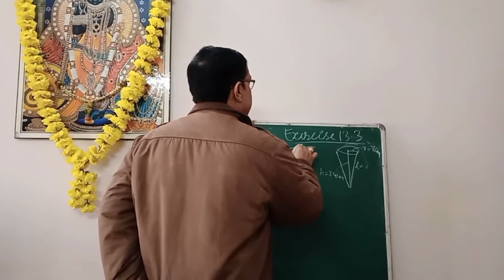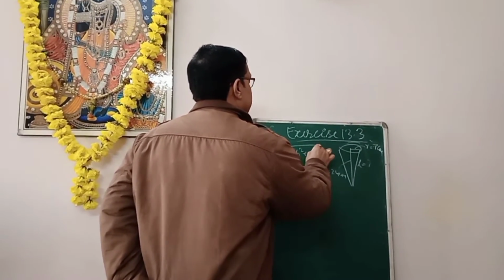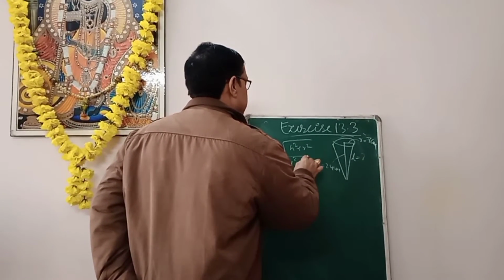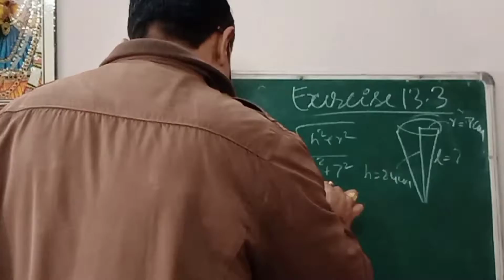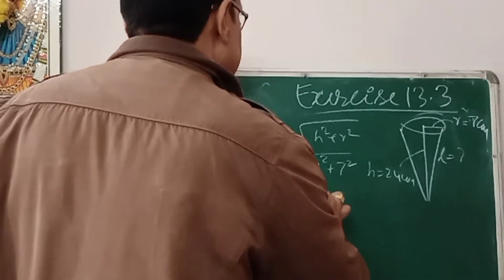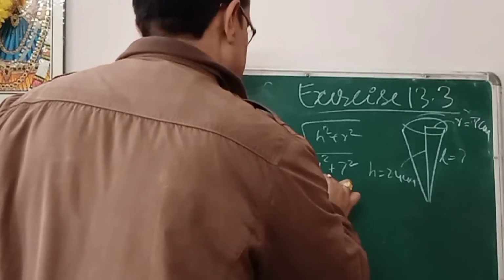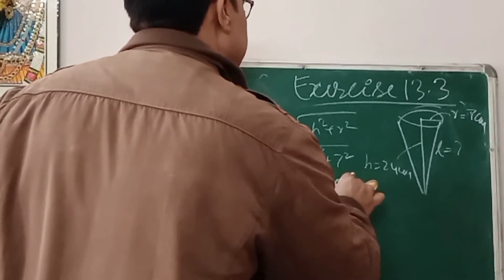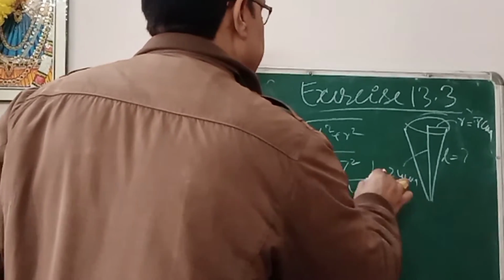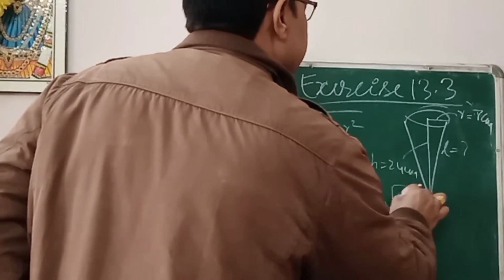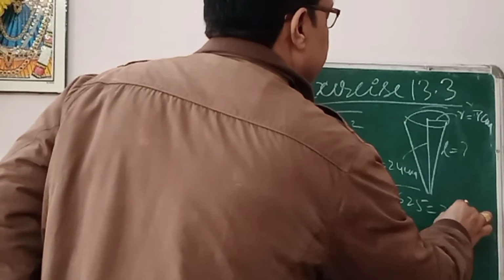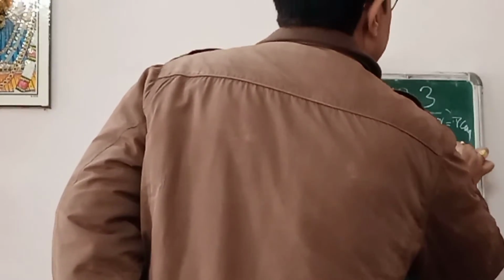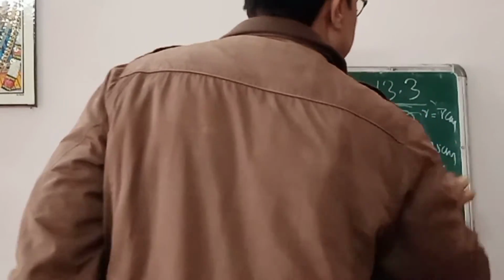L is equal to under root H square plus R square, that is under root 24 square plus 7 square, and we get this as 24 square is 576 plus 49, and this is 625, and this is 25 cm. So L we now know. L is now 25 cm.